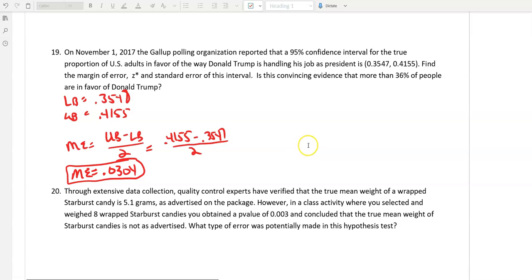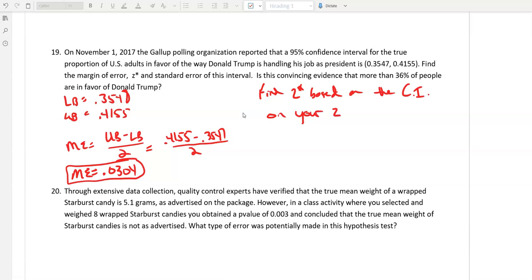All right, the next thing I need to do is find Z star. And you find Z star based on the confidence interval on your Z star chart, which you will be provided with. So let me pull up the Z star chart real quick.